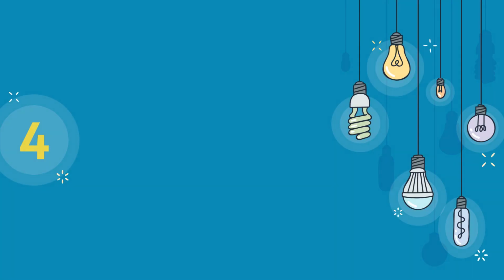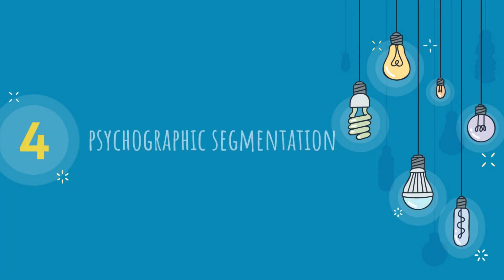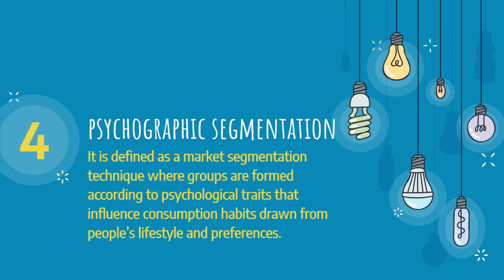Let's look at the last type of segmentation. This is psychographic segmentation. Now, psychographic segmentation is defined as a market segmentation technique where groups are formed according to psychological traits that influence consumption habits drawn from people's lifestyle and preferences.